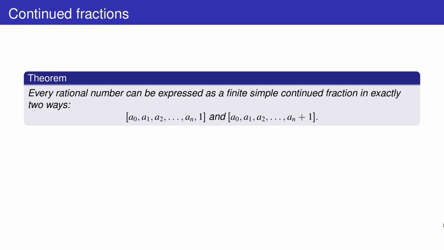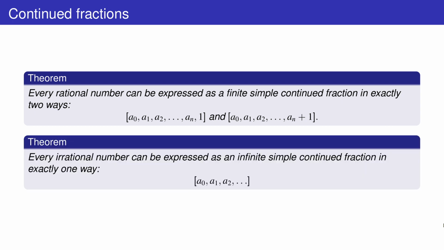What about irrational numbers then? Well, every irrational number actually can be expressed in exactly one way, as an infinite simple continued fraction. And therein lies the difference between rational and irrational numbers. Irrational numbers have infinite continued fraction expansions, whereas rational numbers have finite simple continued fraction expansions.